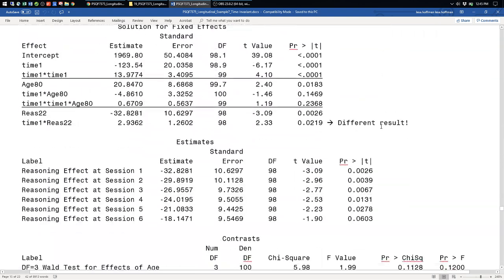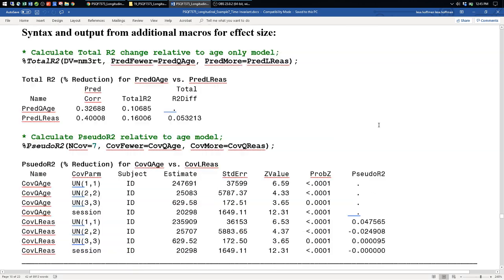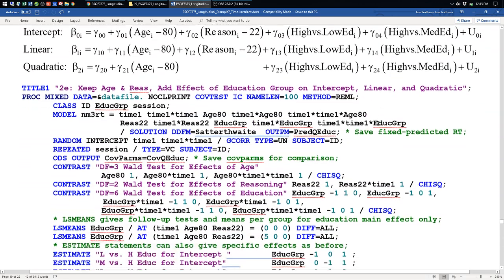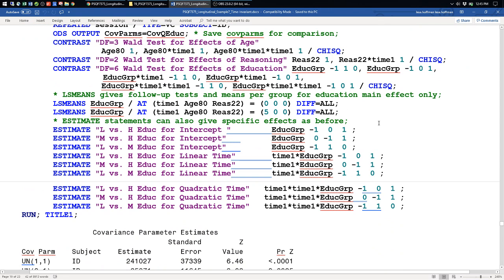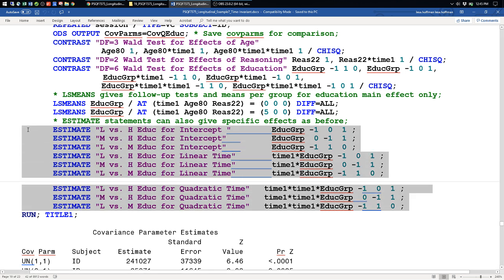The other way that I can talk about the effect of education interacting with time is by saying, how does the trajectory change as a function of group? And so the last set of contrasts here give me the difference in each term as a function of group, where the first two are actually given by the model already, but they're here for completeness.